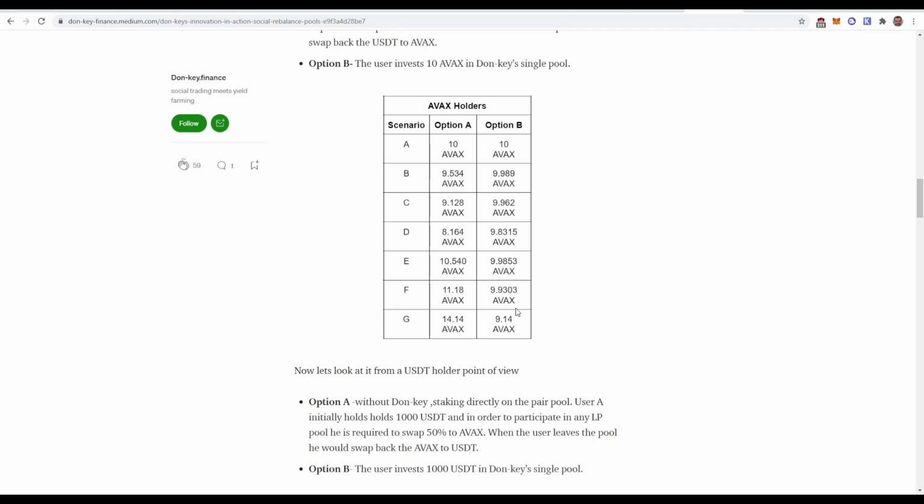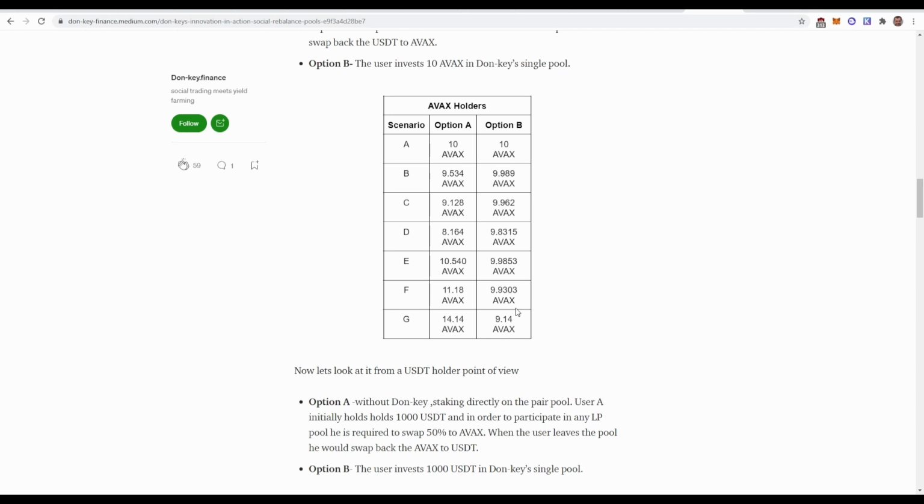So what Donkey, I'm gonna say balancer pool a lot here, but what they are doing with it is that they are redistributing the impermanent loss that people would have on the AVAX side, for example. If AVAX is rising against USDT, they would incur an impermanent loss, whereas people supplying on the USDT side, they would have impermanent gain.